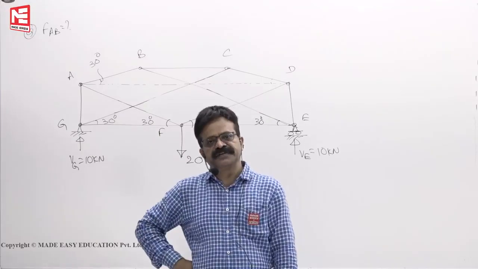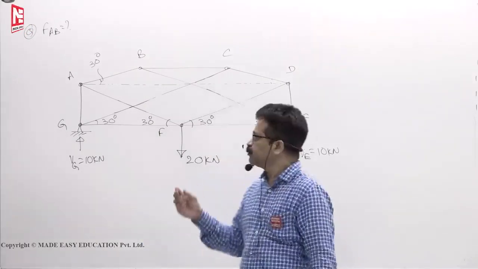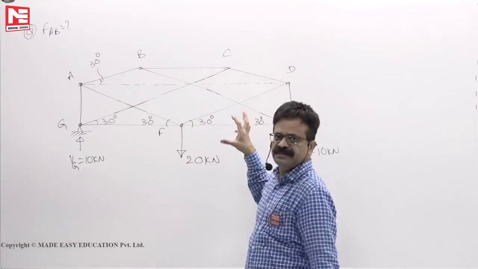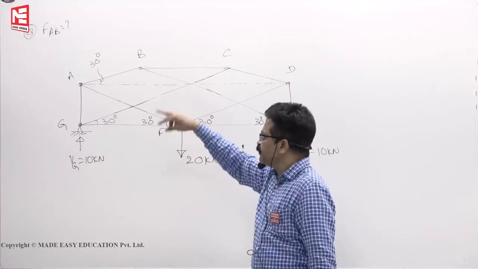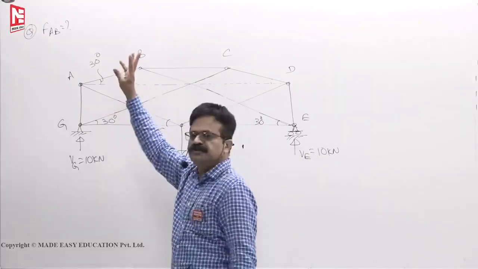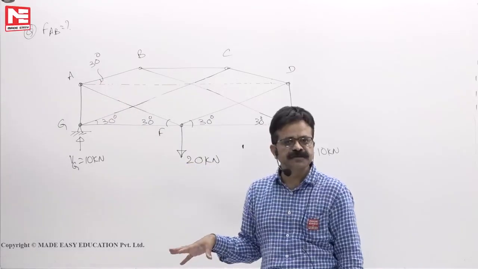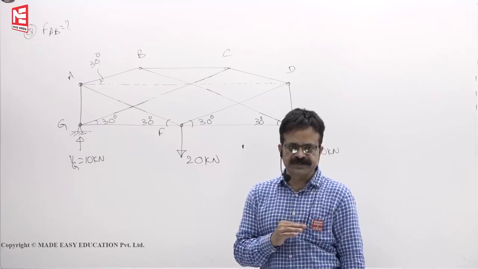It will take say half an hour time. But we have only 1 minute time. So, method of joints we tried, all joints have a minimum of 3 members, we neglected. Whatever way you cut it, 1, 2, 3, 4, and all unwanted members are not meeting at one point. So, method of sections we do not want to use.